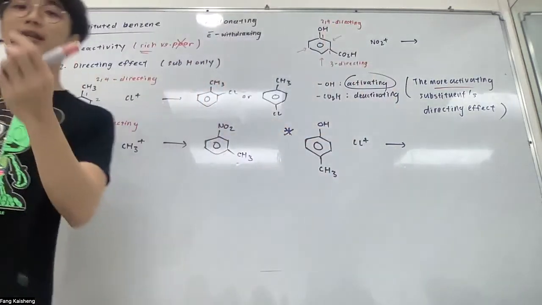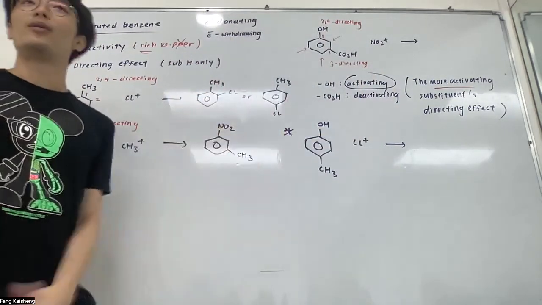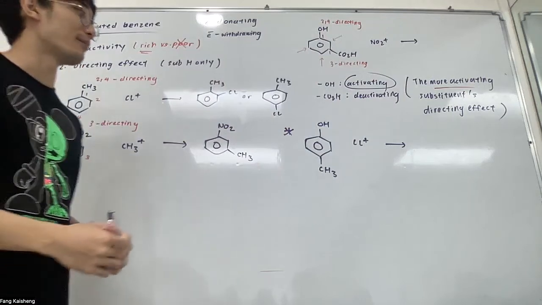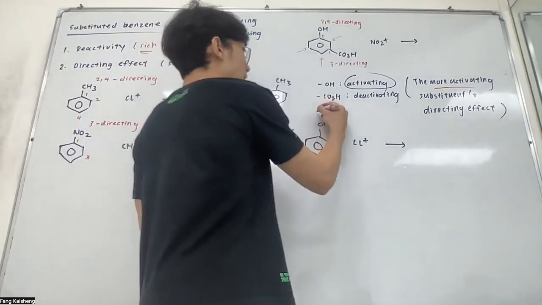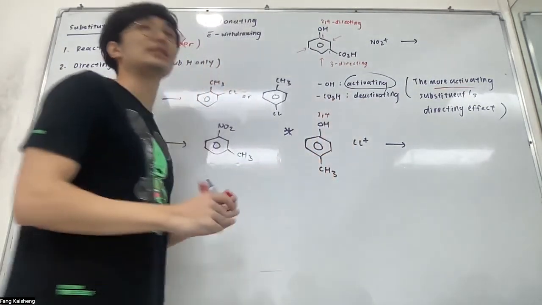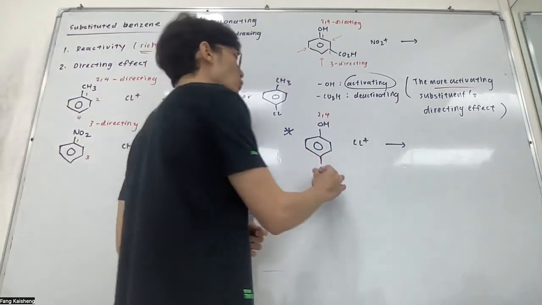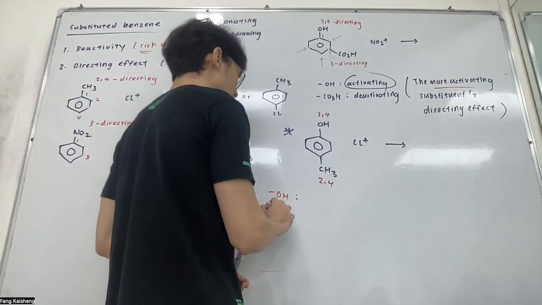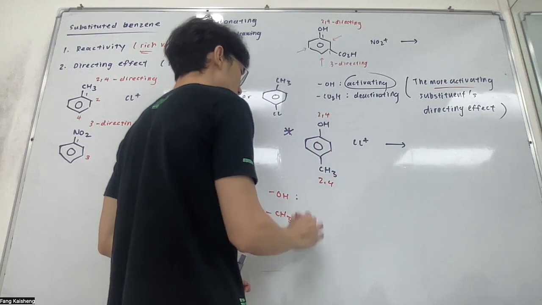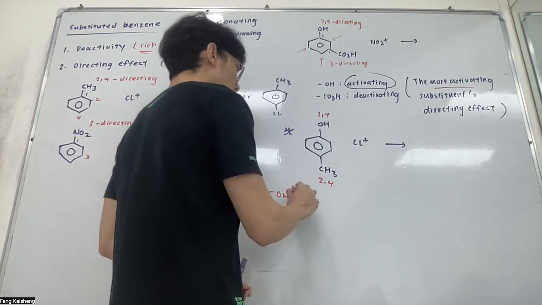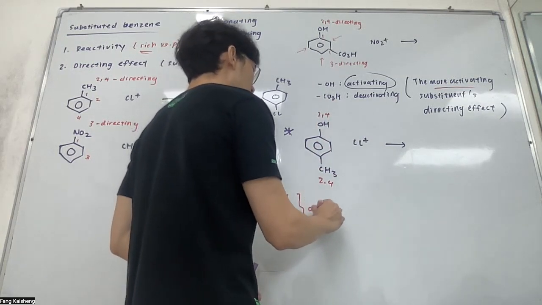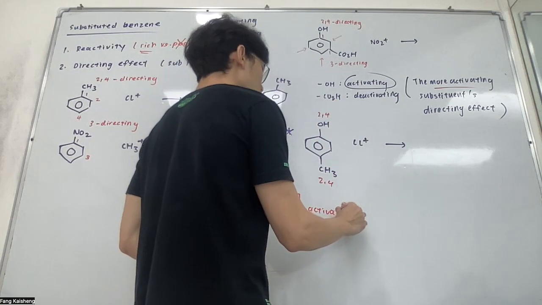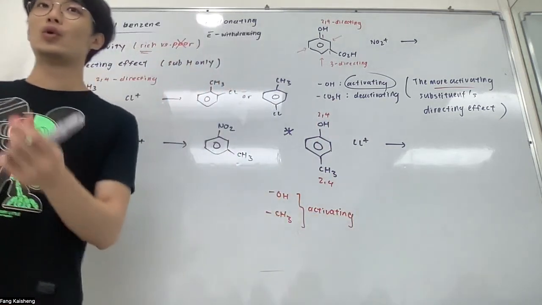Simple. OH, what's its directing effect? It is 2,4 directing. CH3, what's its directing effect? Also 2,4 directing. Now, what effect does OH have on the benzene? And CH3 there? Both of them are activating. Who on earth do I listen to?